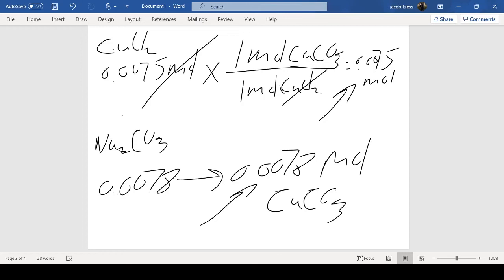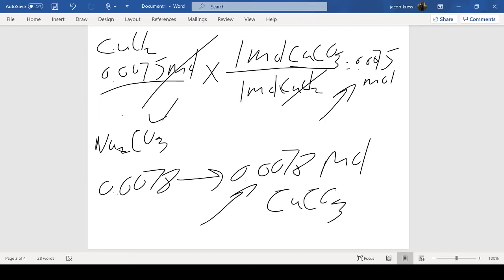So this is saying that if I had 0.0075 moles of calcium chloride and I had all the sodium carbonate in the world in excess and reacted it fully, that's the most calcium carbonate I will produce. The same is true, but vice versa, for the sodium carbonate.